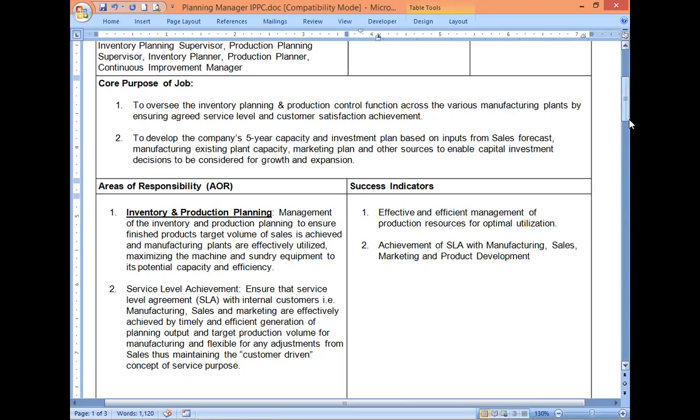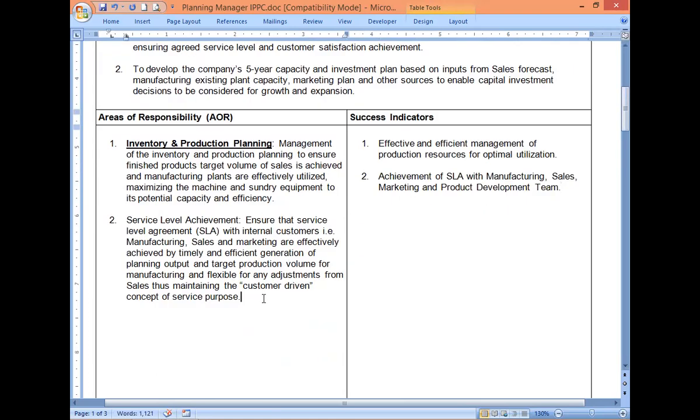So the managers who are handling product development are called product development managers. So they're actually from R&D. We also include the product development team, right? Okay, next.